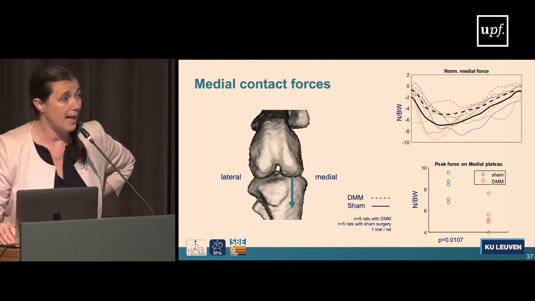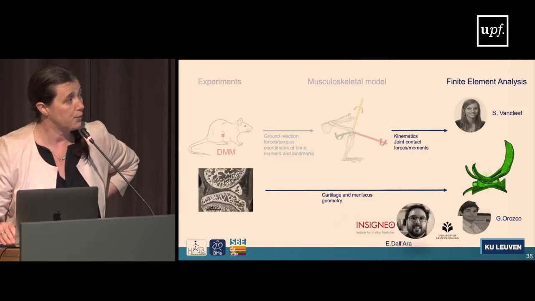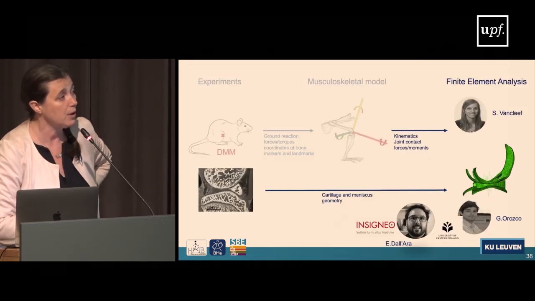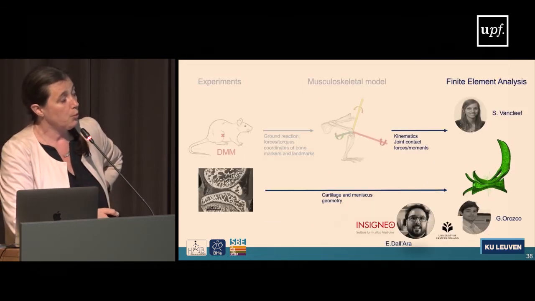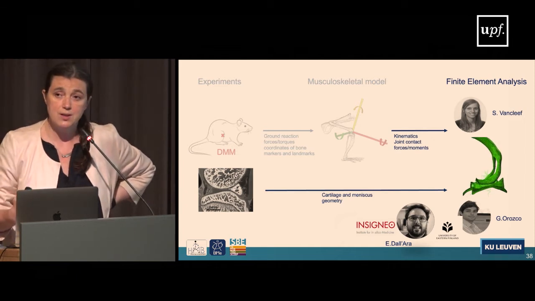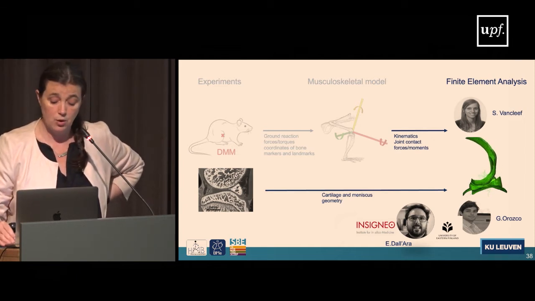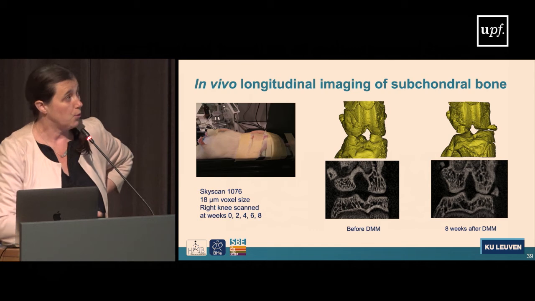So we are quite anxious to take this data further into a finite element model in order to look more in detail at the local tissue strains, which we will then compare with our in vivo data.